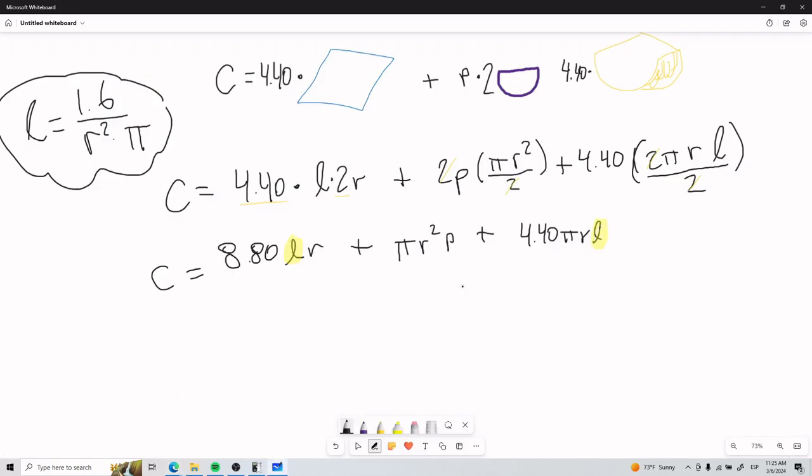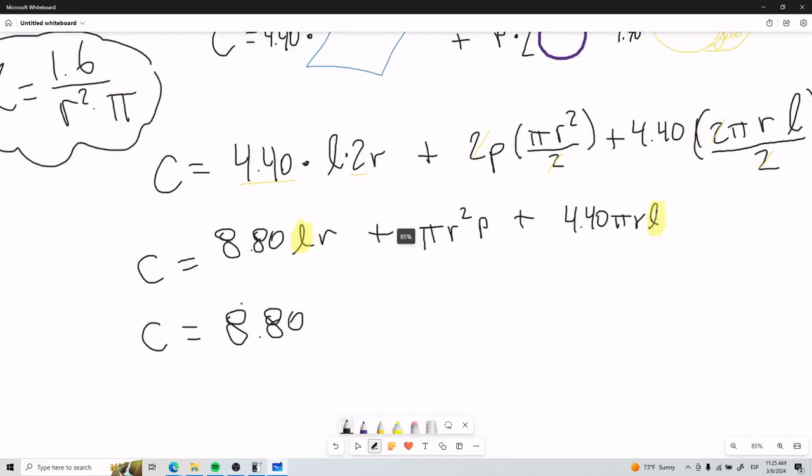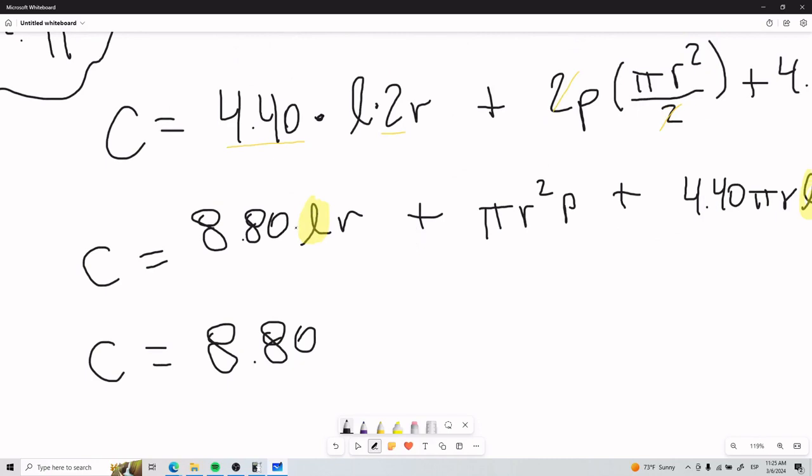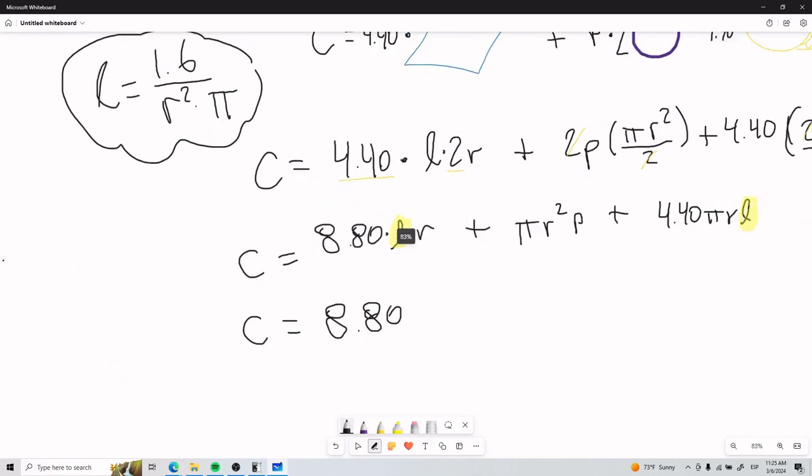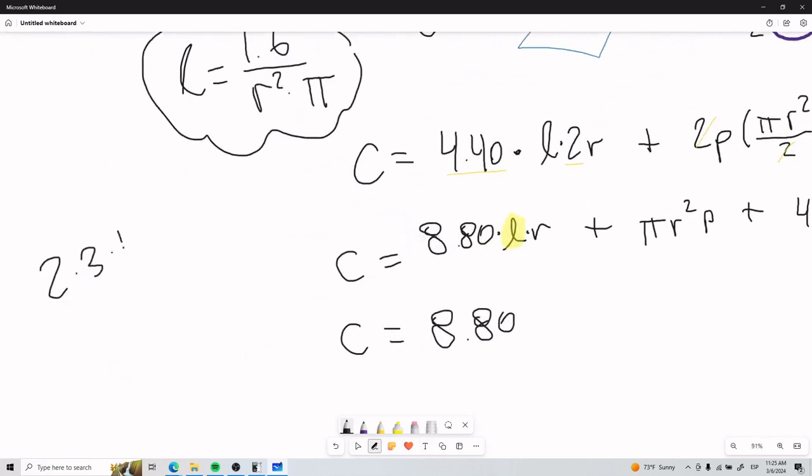See? So go ahead, plug in L. We have that C equals 8.80 times L, which is, yeah, sure. So this L is multiplying everything, see? Notice how 2 times 3 times 4 gives you, damn, I'm slow today, gives you 24, see?